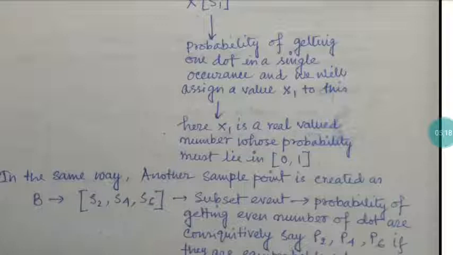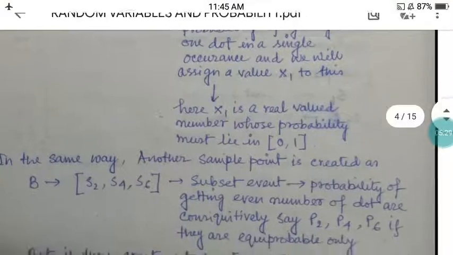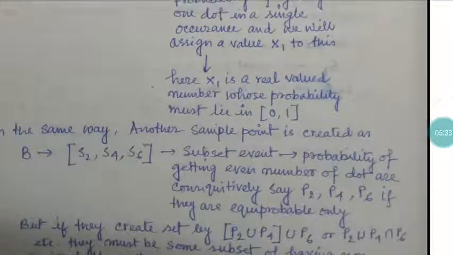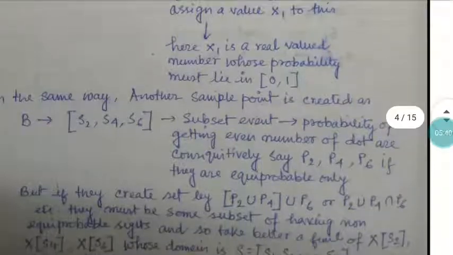So here B will have S2, S4 and S6. So this is called the subset event. So the probability of getting one number of dots consecutively is P2, P4 and P6, if they are equiprobable only.